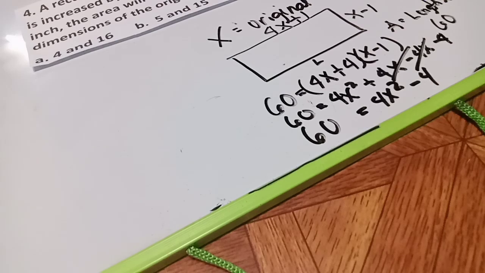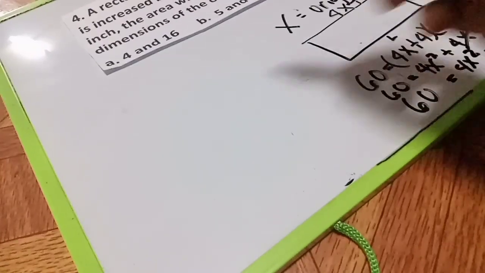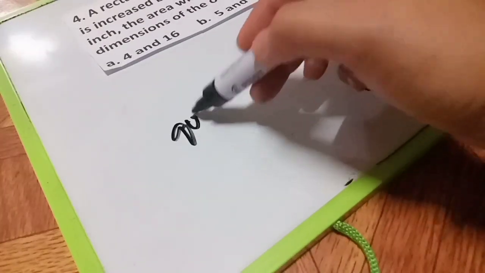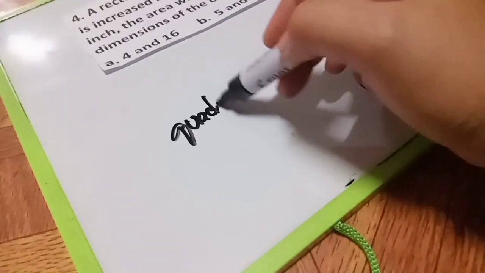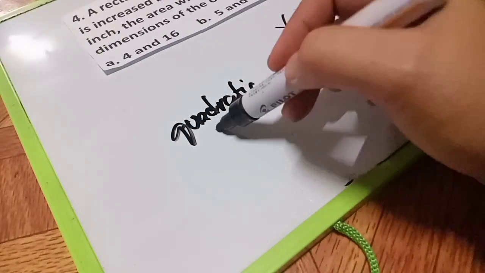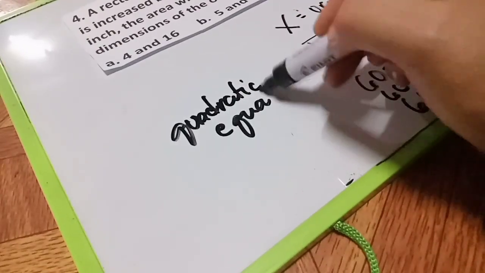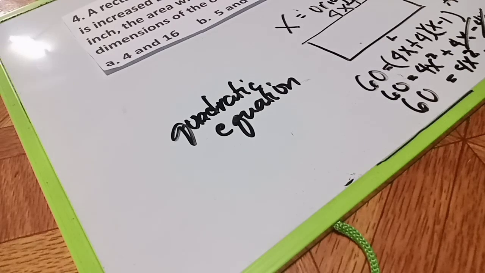So this is very long. And we know we will use this one as a quadratic equation. Take note, guys. How do we present it as a quadratic equation?